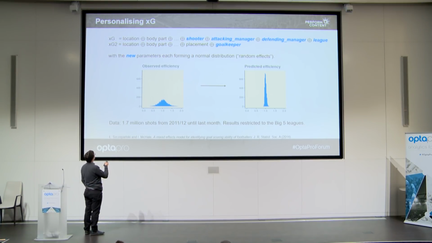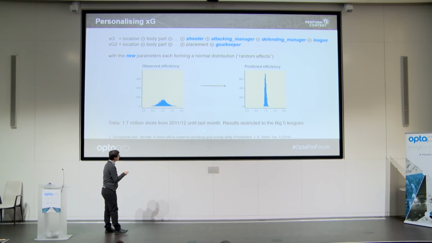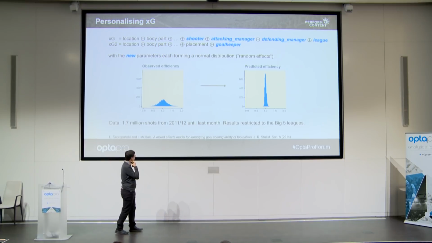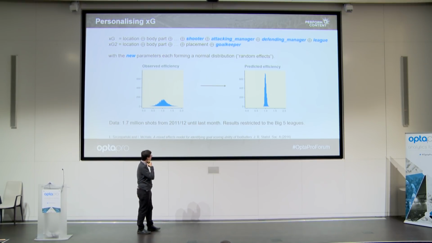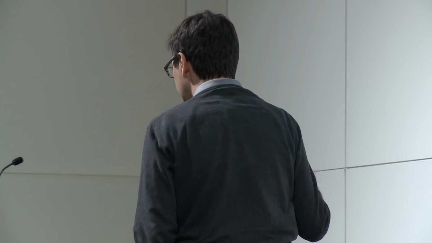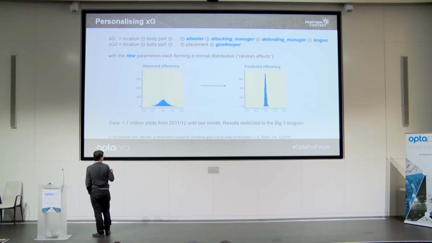So to fit those two models, I took a massive data set. I really didn't hold back. 1.7 million shots from 2011-12 until, I think, 20th of January this year, maybe. The results I'm going to show you are restricted to the current and former Big Five players and managers and teams.